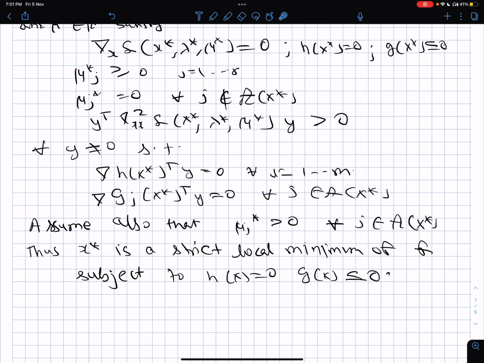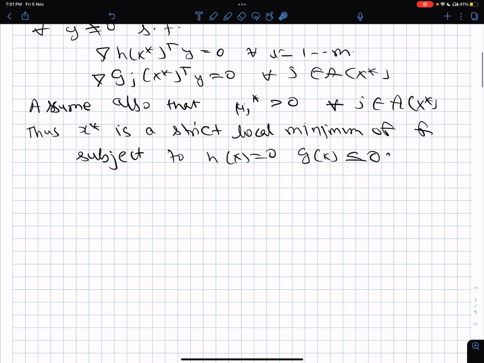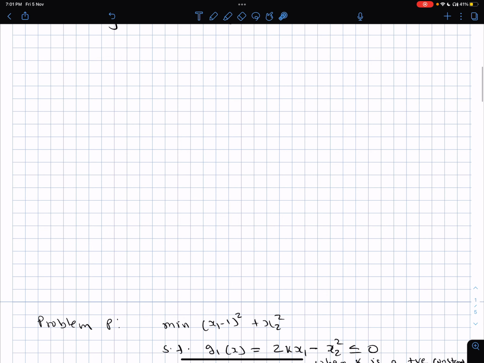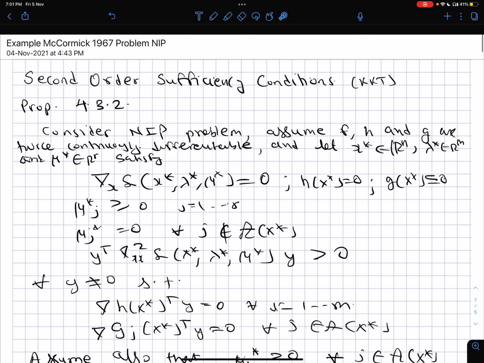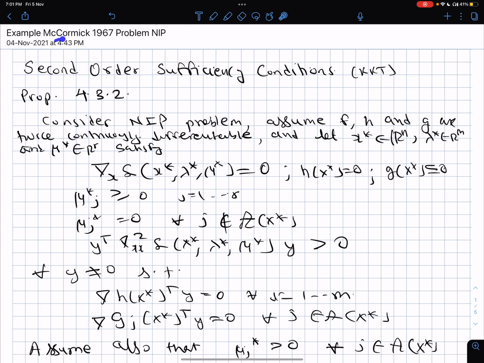It is very similar to what we did in LIP, but the proof will have to be very different, because with nonlinear constraints there are not necessarily feasible directions but feasible arcs. So let's take an example. I have titled this lecture as McCormick example 1967.